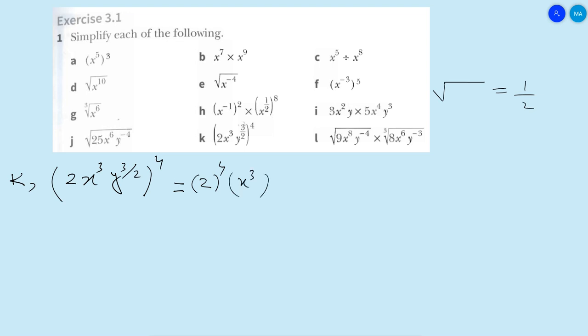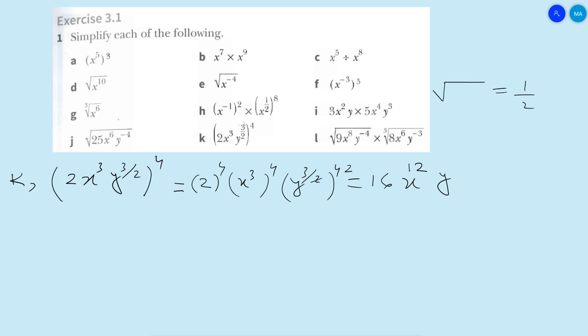x3 into 4, y3 upon 2 into power 4. 2 power 4 is 2 into 2 into 2 into 2: 2 to the 4, 4 to the 8, 8 to the 16. x, 3 and 4: power to the power is always multiply. 3 4s are 12. y: power to the power is always multiply.